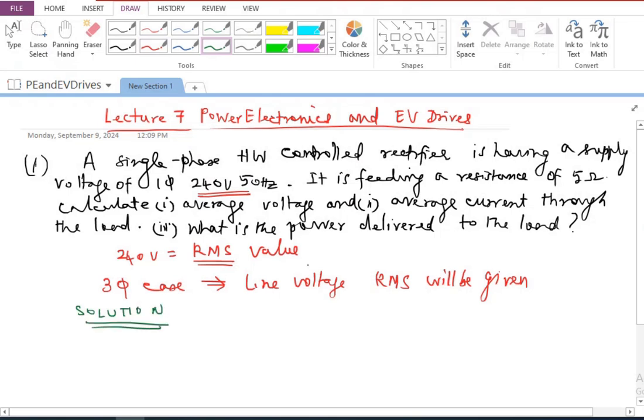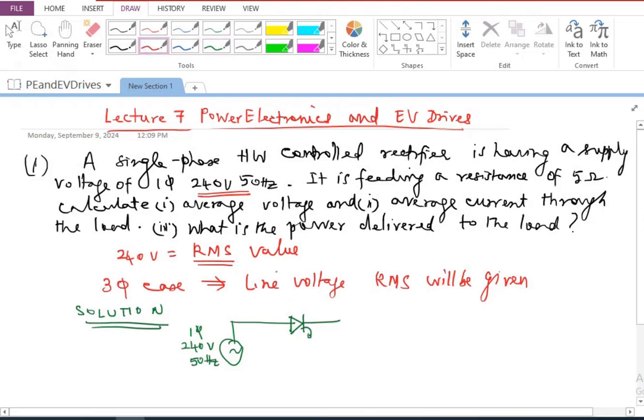So what is given is, it is a single phase controlled half wave rectifier. Let us say this is the voltage source, which is 240 volts, 50 hertz, single phase, and we are having a controlled rectifier, which means it has to be an SCR.